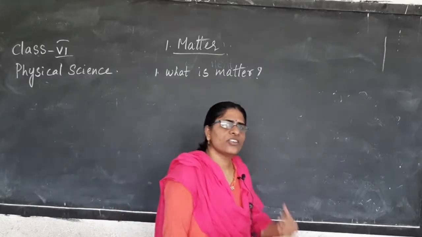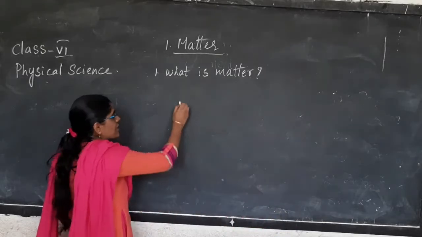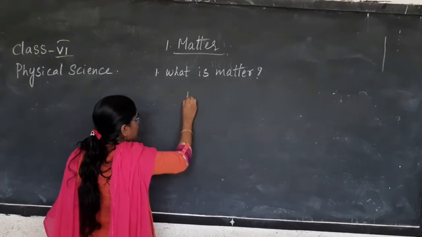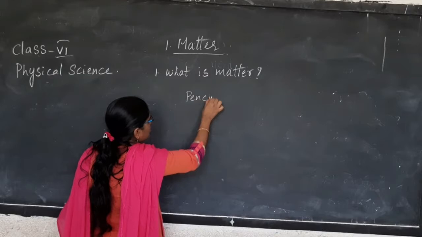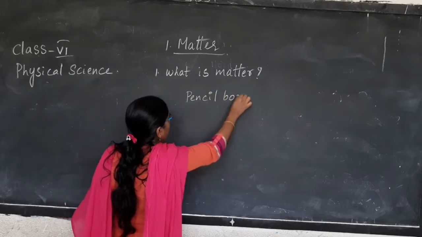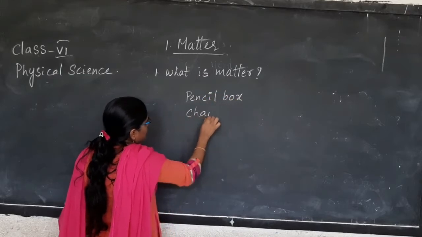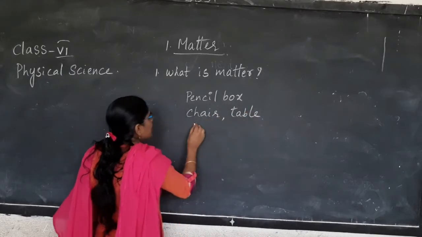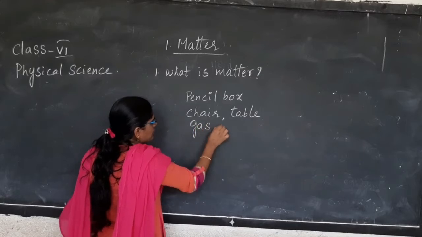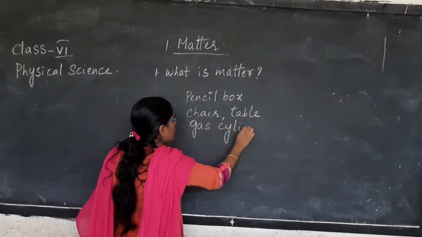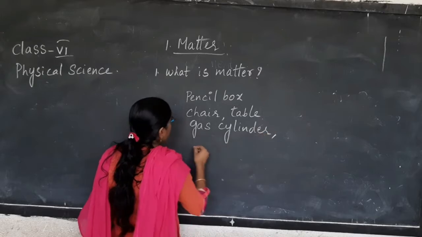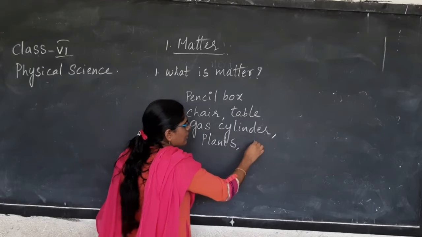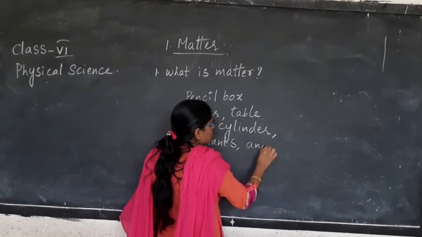Here, in our day-to-day life, you are seeing so many things around you, like a pencil box, a chair, a table, a gas cylinder, plants, animals.